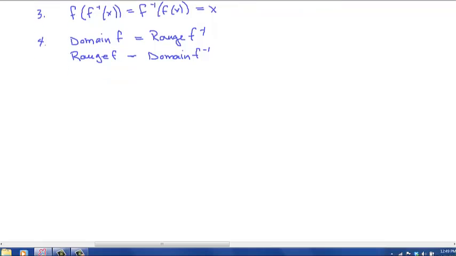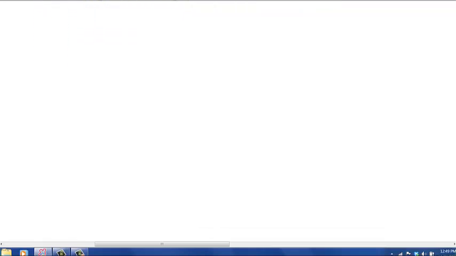So what we have to do is restrict and only look at part of the trig functions to build an inverse trig function. Let's start with y equals sine x. We know what that looks like.